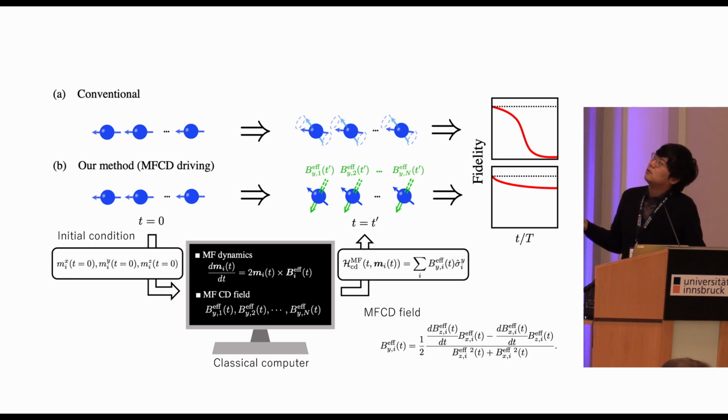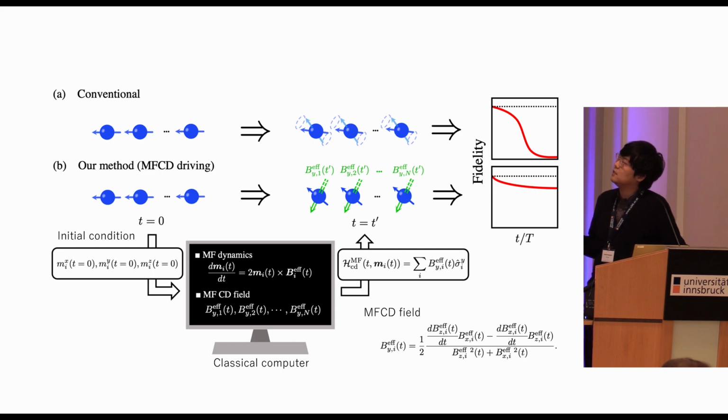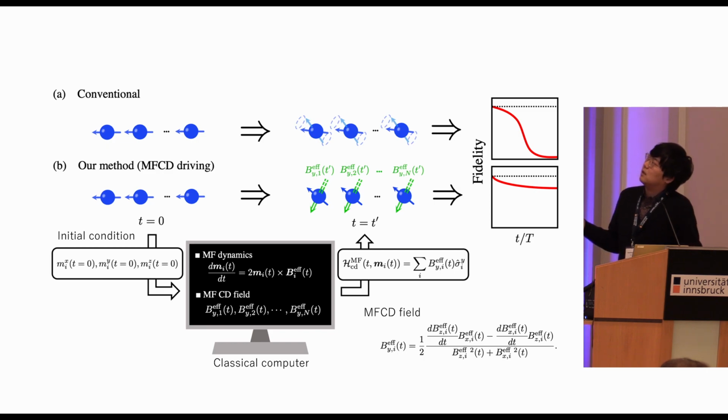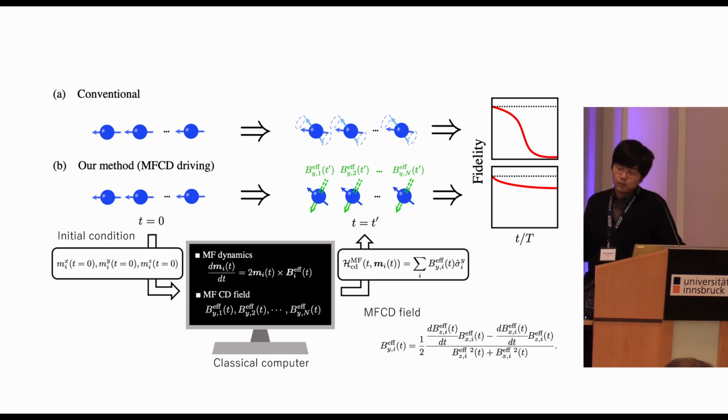And then we also calculate this mean field counter-diabatic term. This mean field counter-diabatic term is expressed as an effective magnetic field along the y-axis, which can suppress this spin precession of magnetization. As a result, we can mitigate the reduction of fidelity.